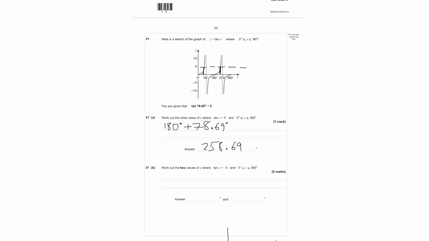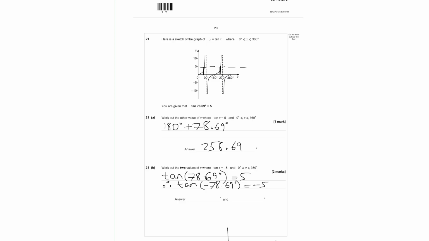So what we can say is that if we know that tan of 78.69 degrees equals 5, then tan of minus 78.69 degrees equals minus 5.